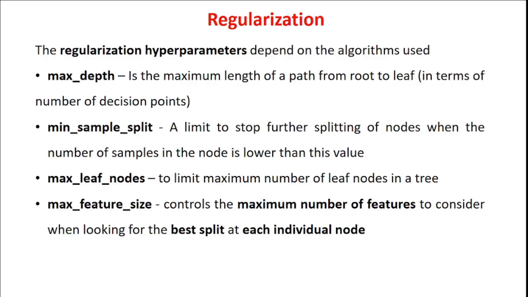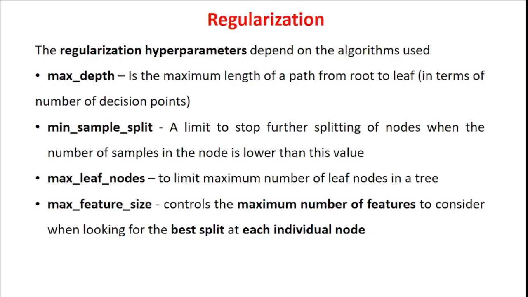It may vary. Minimum sample split is a limit to stop further splitting of nodes when the number of samples in the node is lower than this value. For example, consider the value as 5 and the number of samples in a particular node is only 4. It will stop before splitting.